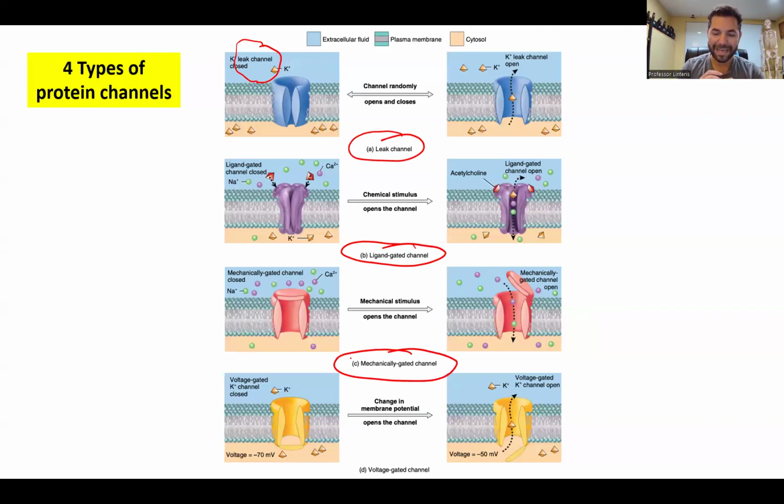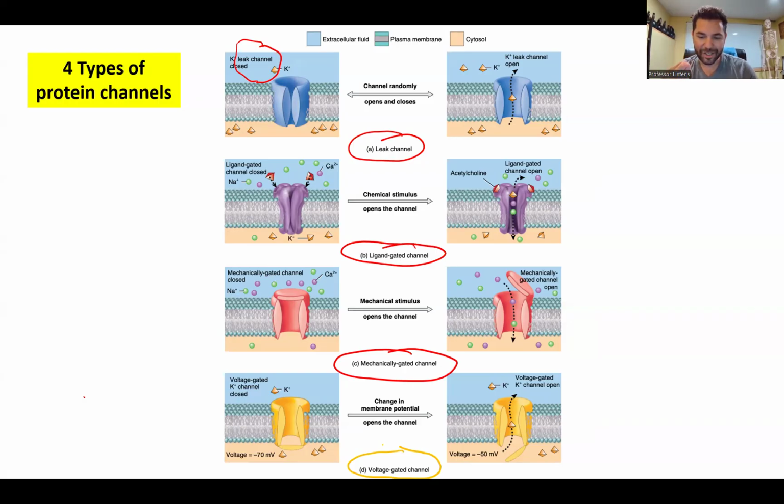We talked about mechanically gated channels. And now there's a fourth one. These are all extraordinarily important, but the fourth one is particularly important. This is a channel called a voltage gated ion channel.